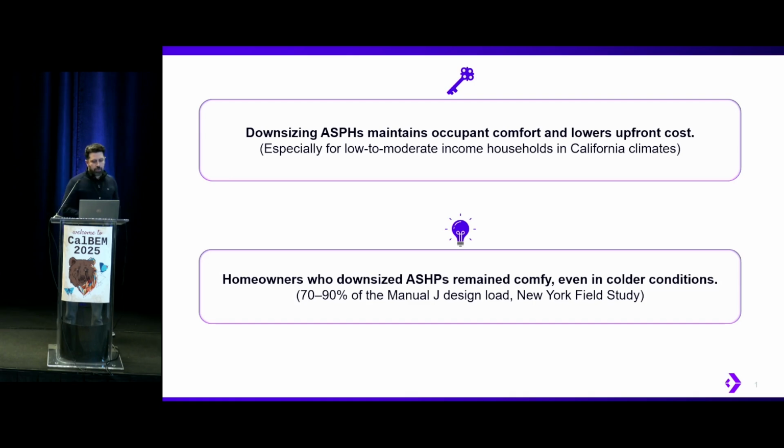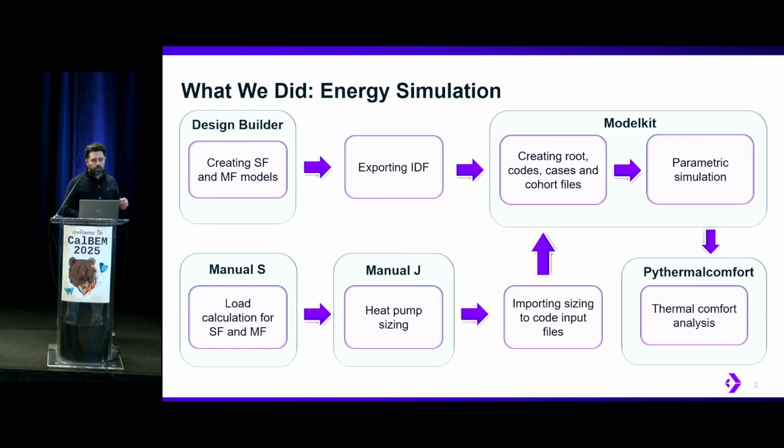Our research shows yes. Actually, there was a field study in New York where homeowners downsized their heat pump to 80% of the design load, but remained comfortable even in the colder climate. So we wanted to evaluate whether this can be applied to the California climate zones.